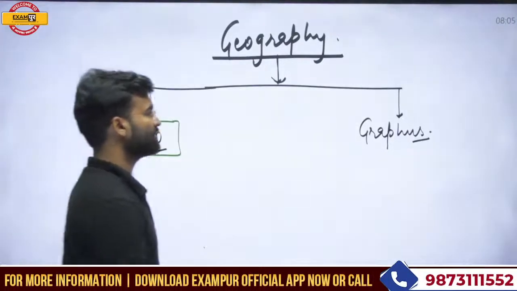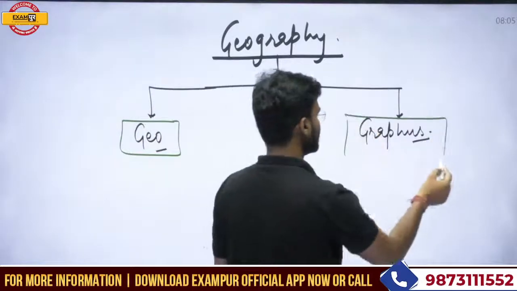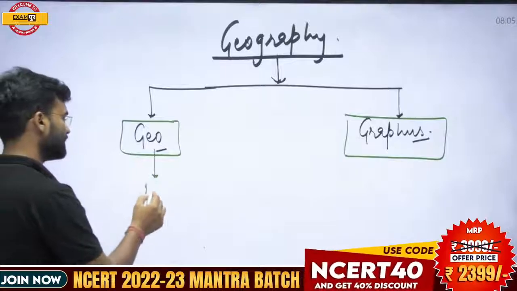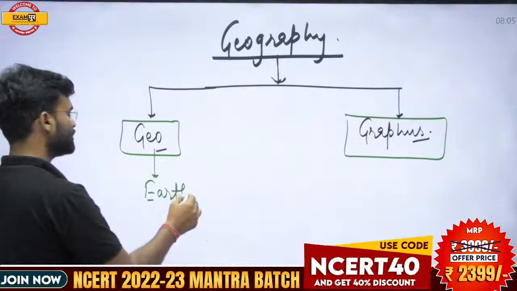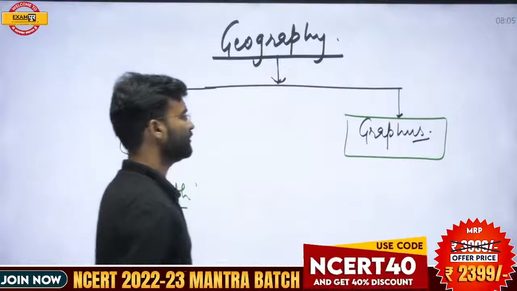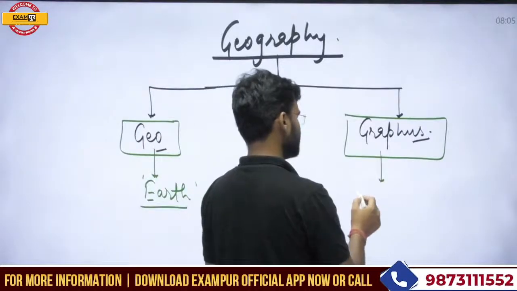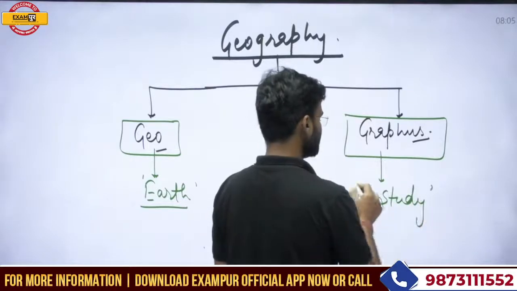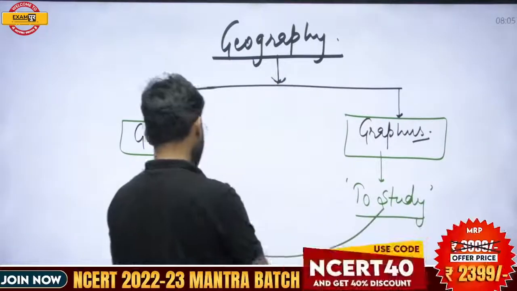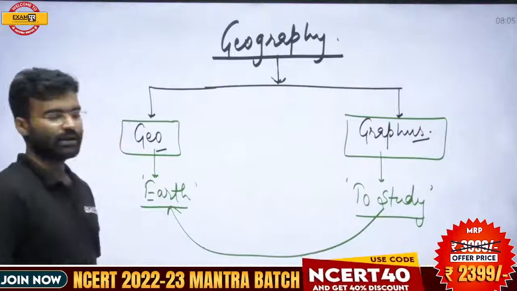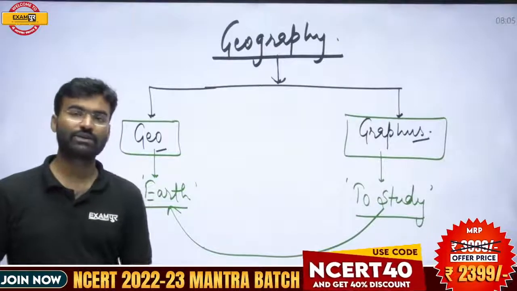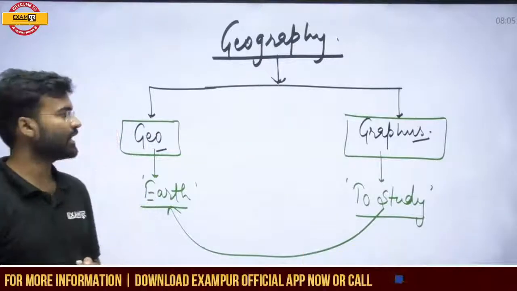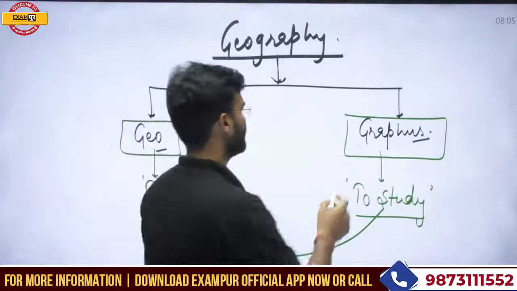The meaning of geo is the earth, and the meaning of graphos is to study. If we collectively use these two words, then to study about the earth is called geography. The literal meaning of geography is to study about the earth.